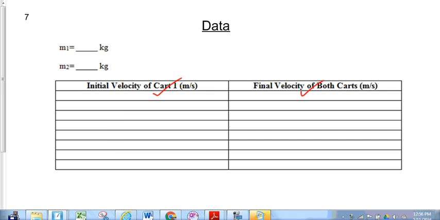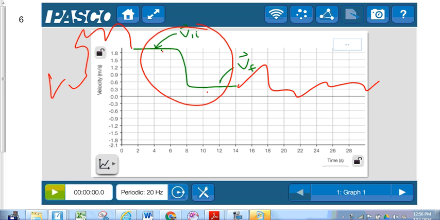If you can't clearly see that shape somewhere, even if there is a whole bunch of other data that's kind of crazy, measuring before and after the motion sensor was detecting the cart, then delete that data point and do it again.